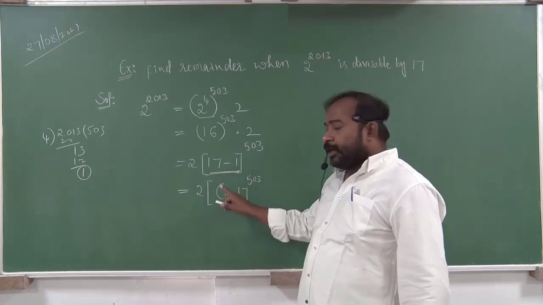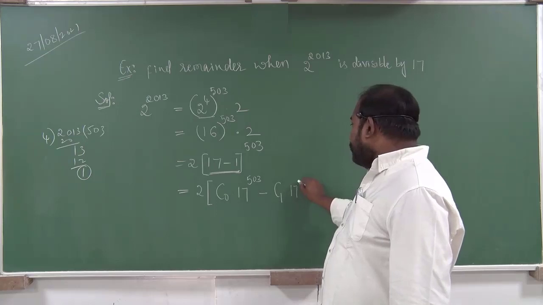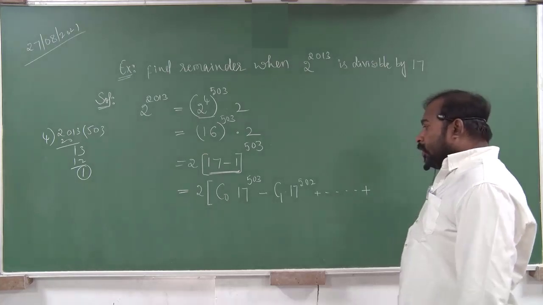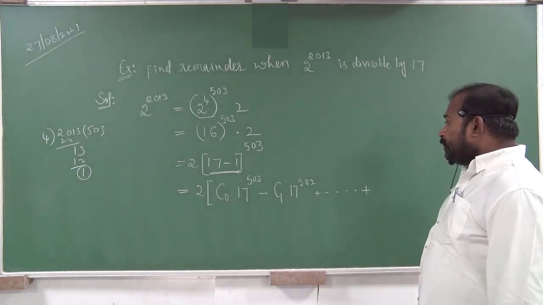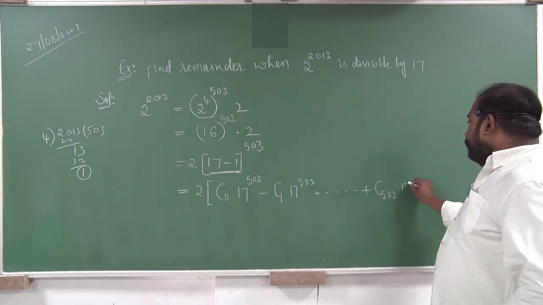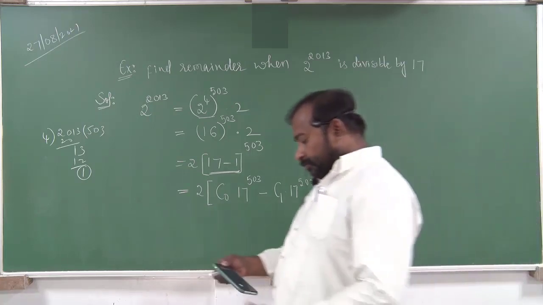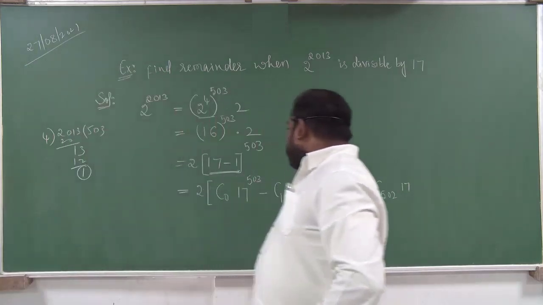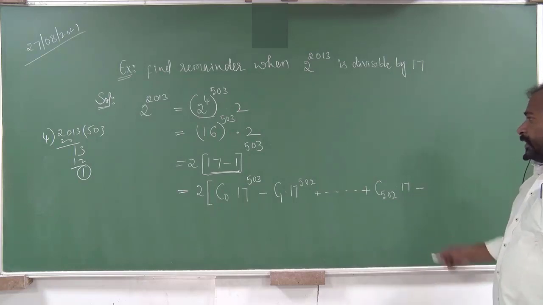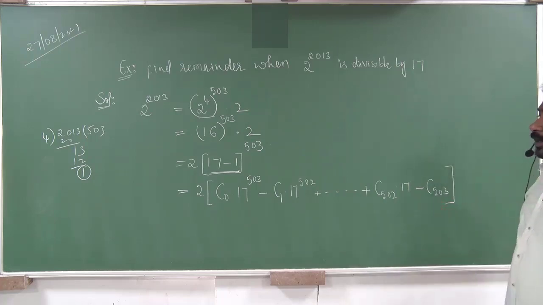If the minus is there, alternately plus or minus terms you will get: minus C1 into 17 power 502 plus, and so on, plus the last but one term. What you will get here? C 502 into 17 power 1, 17 only you will get it, ma'am. Now after this one, what is the last value? Minus C 503. This is the value you will get.